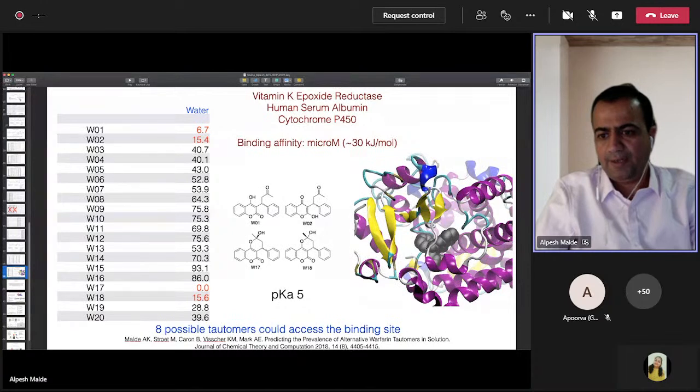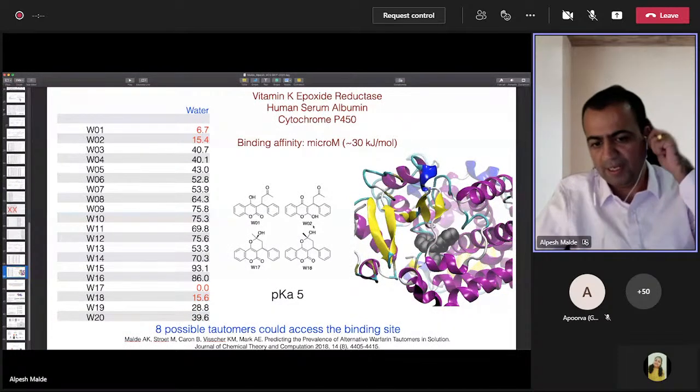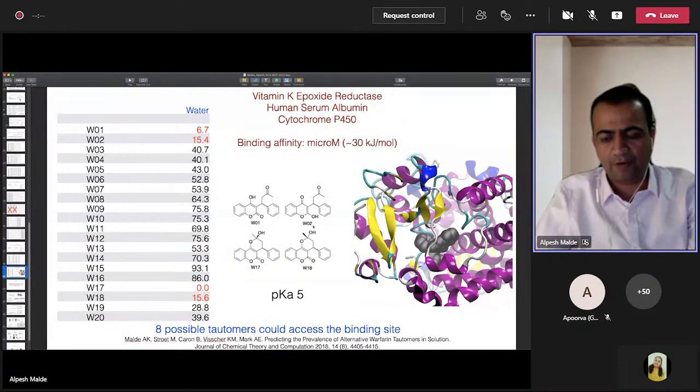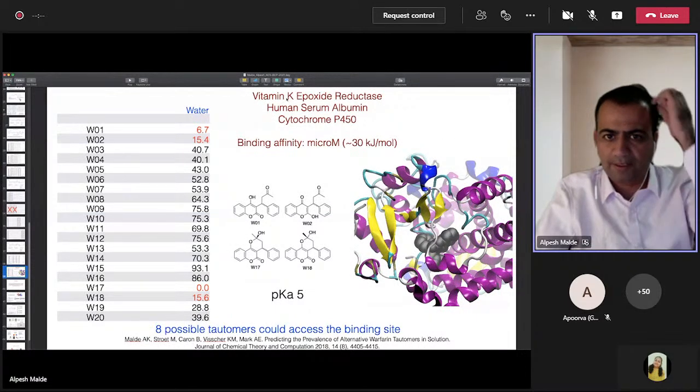And again, here with the electron density, we can't actually work out which of these are present or whether more than one is present. But at this stage, we understand that out of 40, 8 possible tautomers could bind to the protein, whether it be the target or the albumin or the cytochrome P450.